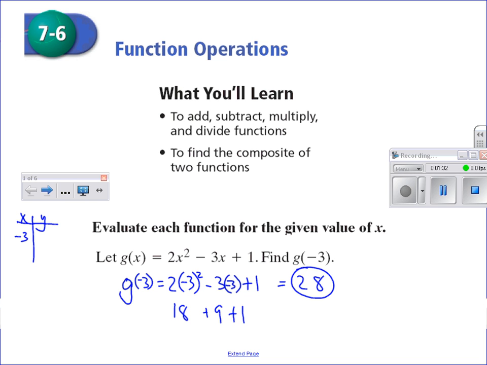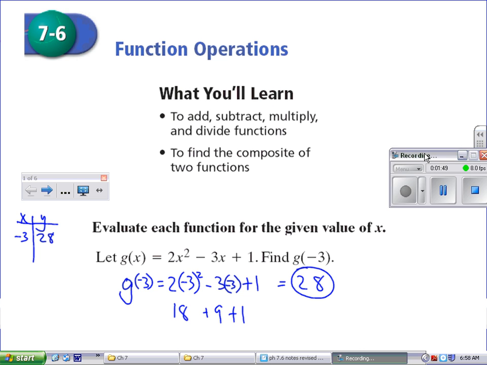Okay, and what we're saying here is if you take this parabola, 2x squared minus 3x plus 1, and plug in -3 for x, you get 28 for y, right? We've evaluated, okay? So that's basically the only skill that you need really to get started, and let's go ahead and get going with this.